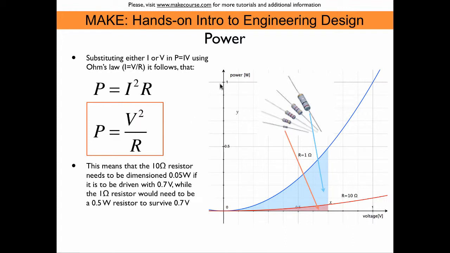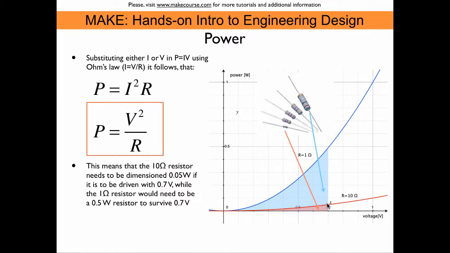I made a graph over here for the two resistors, for the 1 ohm and the 10 ohm resistor, where the power is plotted versus the applied voltage, so we get these two parabolas. And we see here that the 10 ohm resistor could have a much lower power rating than the 1 ohm resistor.